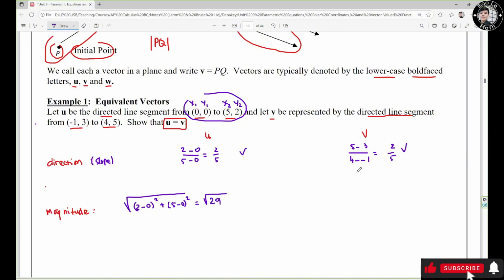Now similarly, this one equals the square root of (5 minus 3) squared plus (4 minus -1) squared. So it's going to be the square root of 29. Now they both have the same values, so you can conclude that vector u is equivalent to vector v.